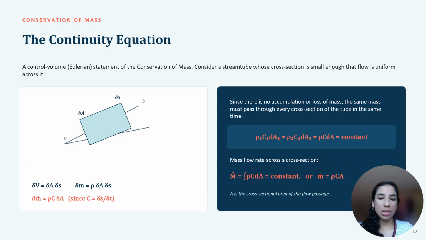Now, the continuity equation. This is cool, and after this we're going to talk about Bernoulli's. You've heard a lot about Bernoulli's, I bet. First of all, we need to know what a control volume is. We might have fluids flowing through something, right?